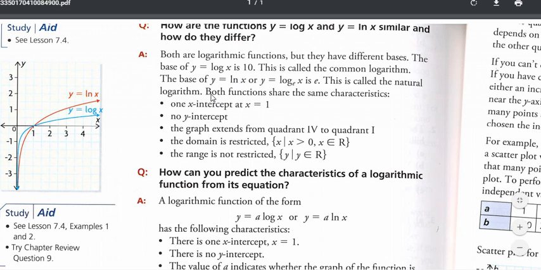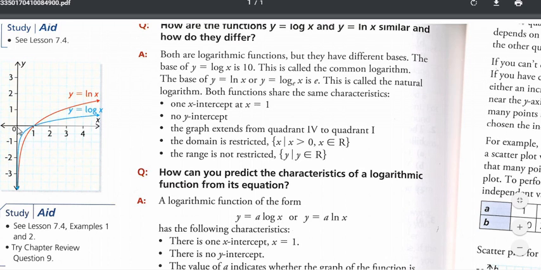Okay, obviously they're very close in characteristics. They both have one x-intercept at x equals 1, right here. Neither of them has a y-intercept, so these curves come close to the y-axis but never touch or cross it. The domain is restricted.